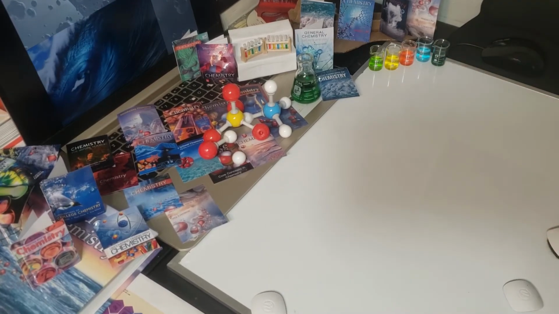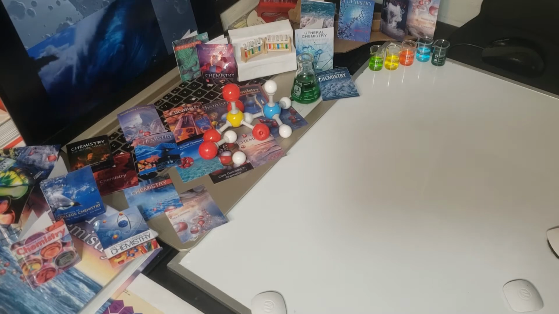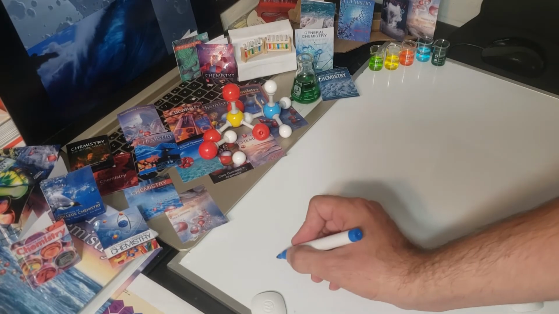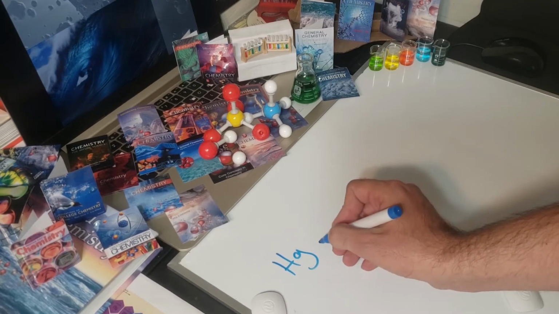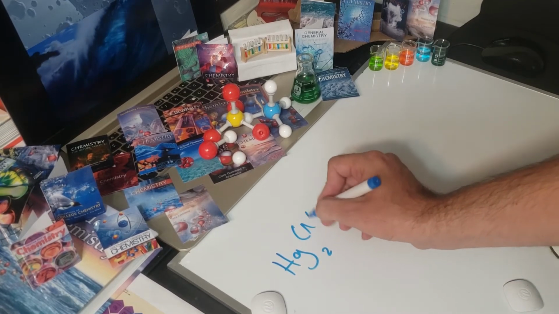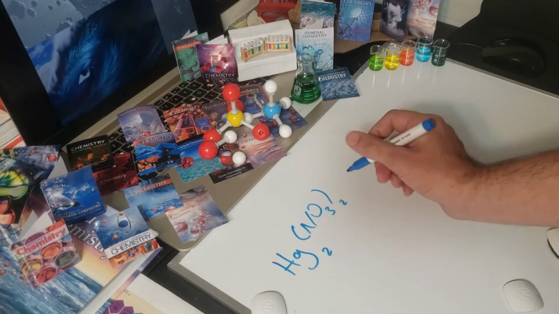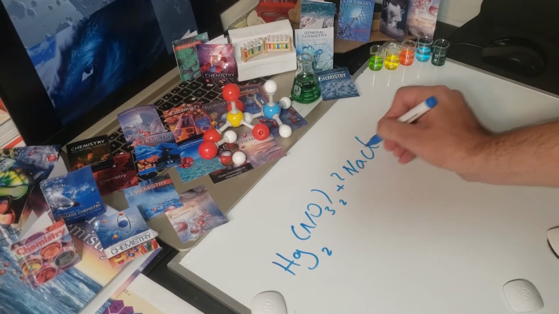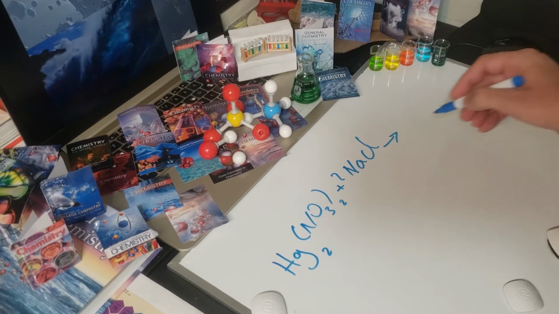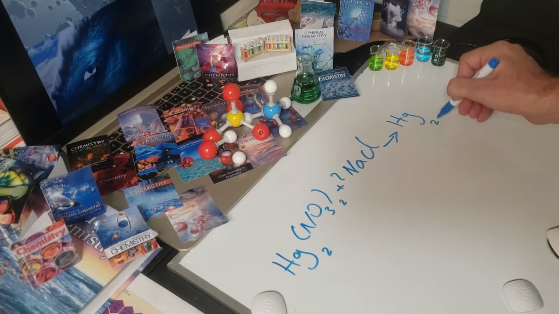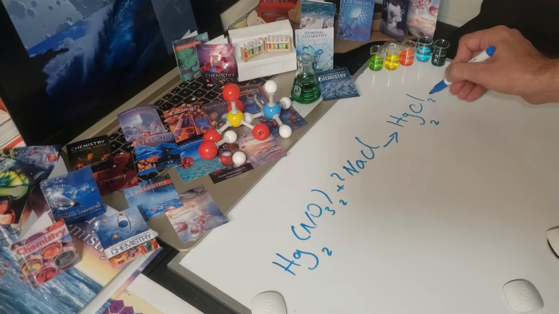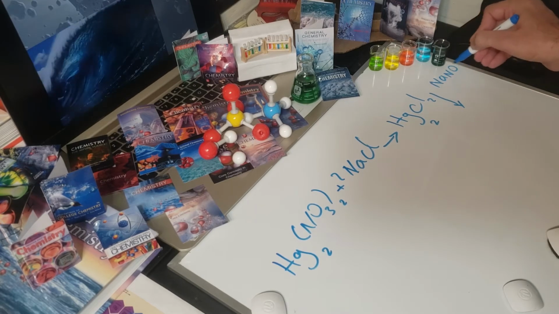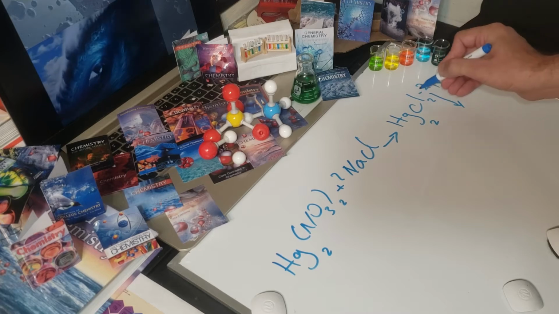Okay, so let's go on and do this example of Hg2(NO3)2 plus NaCl, two of them, giving you Hg2Cl2 as your precipitate and NaNO3, sodium nitrate, two of it.